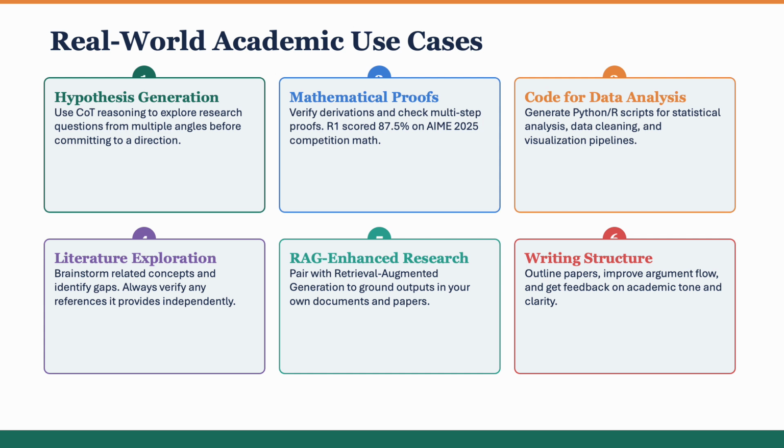It excels at breaking down complex topics into accessible explanations, creating problem sets, and developing lecture notes. For all of these use cases, remember that DeepSeek R1 should be your research assistant, not your co-author. Always verify its output against primary sources.